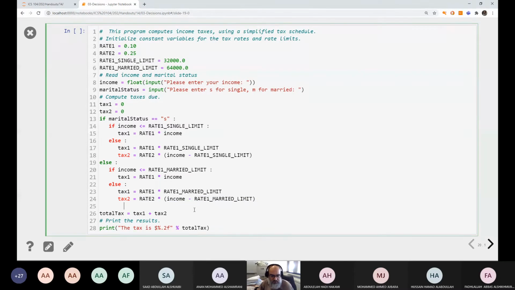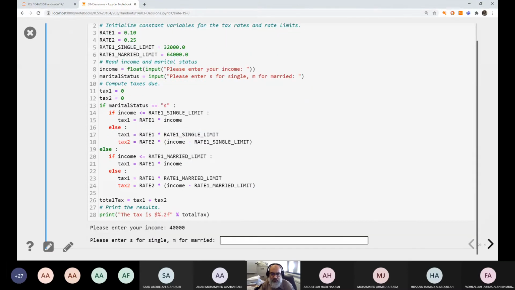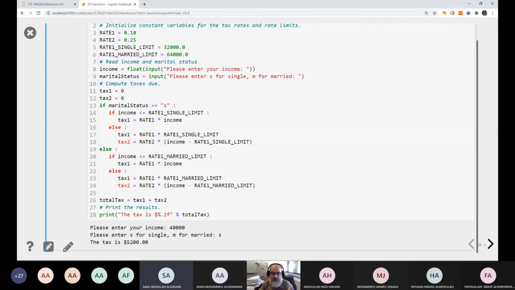So now if I try to run this code, let's see, what was my example? For 40,000. So assume that I enter 40,000 and the person is single, then it should print, what did we say, 5,200? Yes.